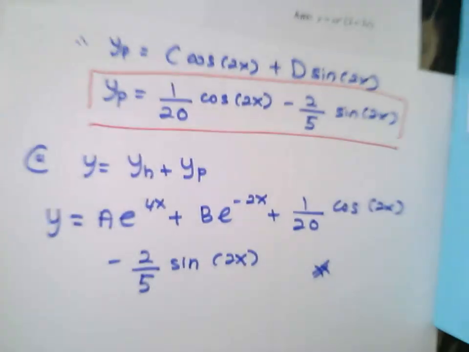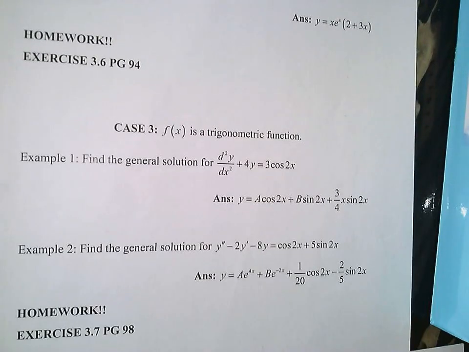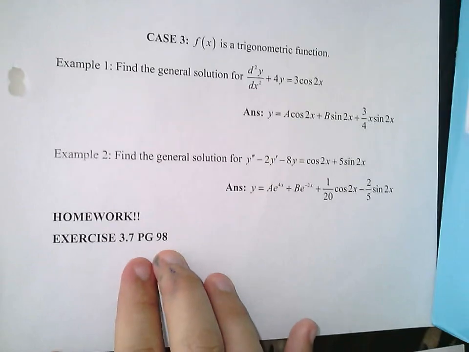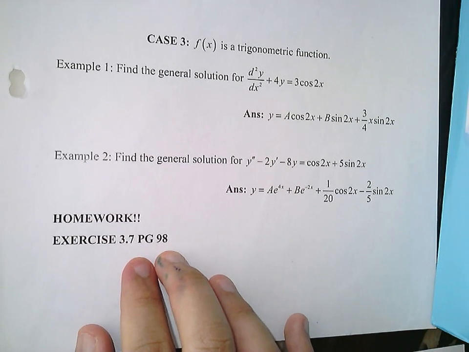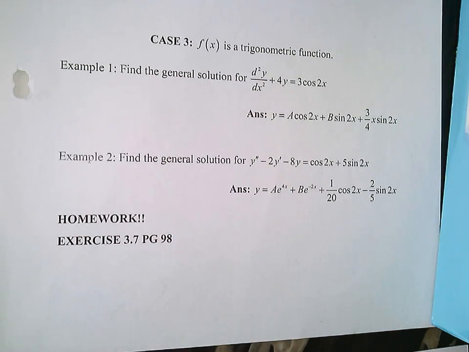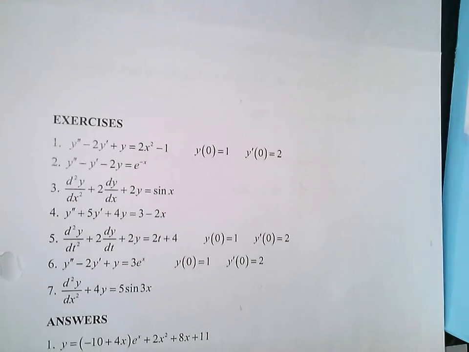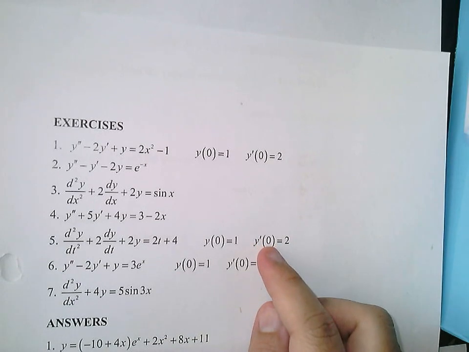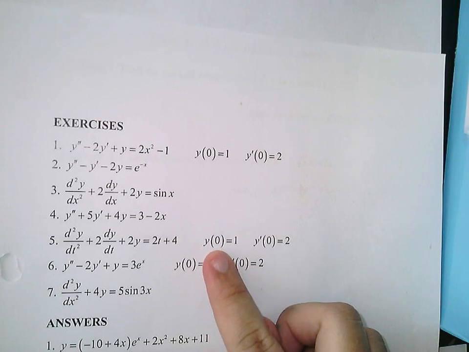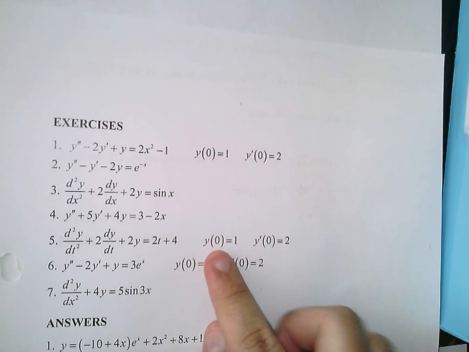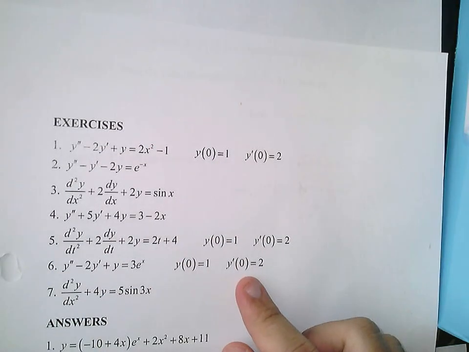Okay, so please try to do this exercise 3.7 on page 98 for case 3, and I will also upload this exercise in that module. So this one is a combination of case 1, case 2, case 3, UC, method of undetermined coefficient. By now you should be able to solve this kind of problem by using UC.